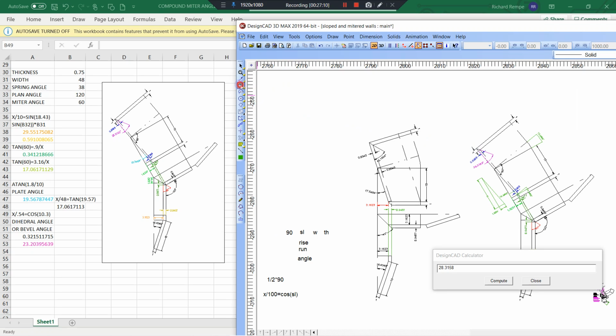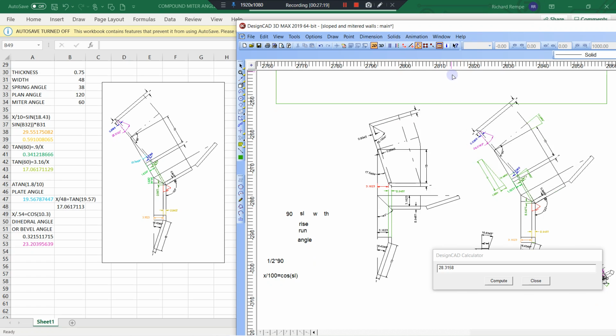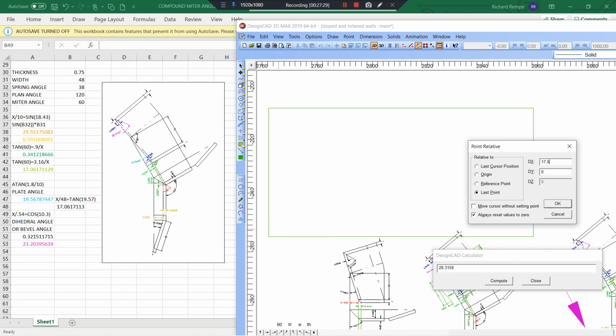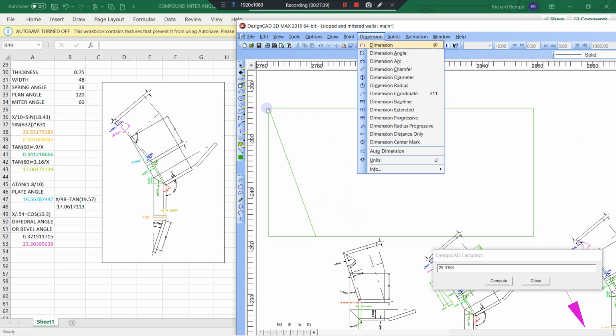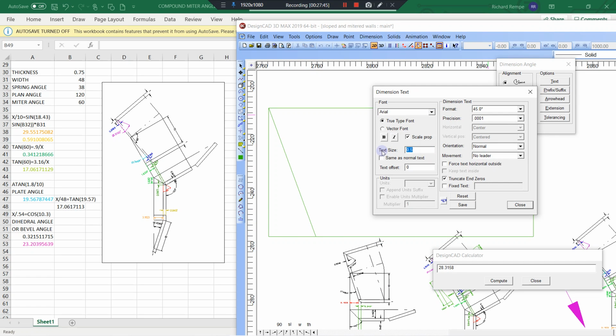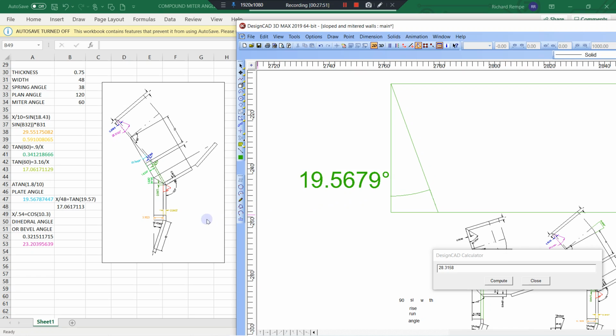So we get 17.06171113, enter, and we get 19.5678, 79. There you go.